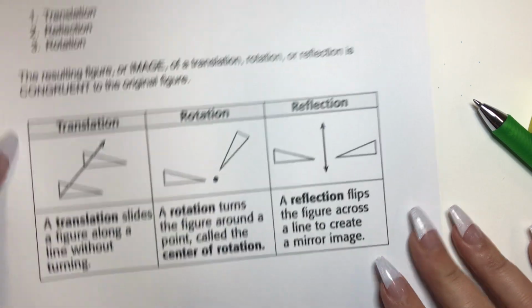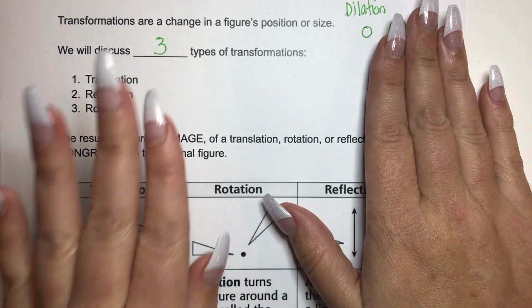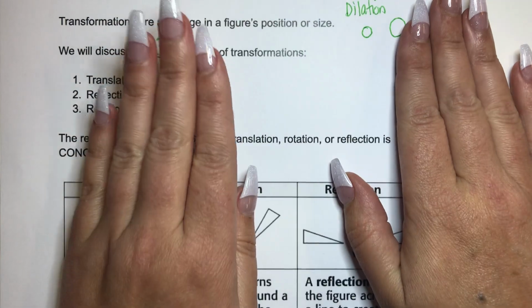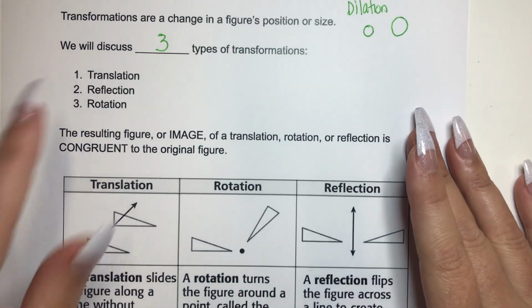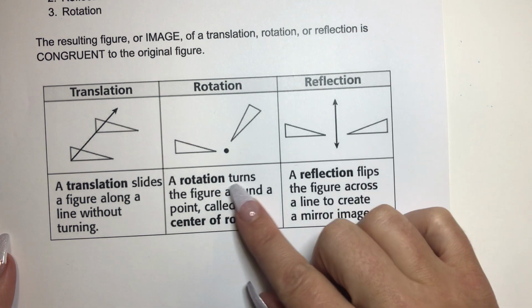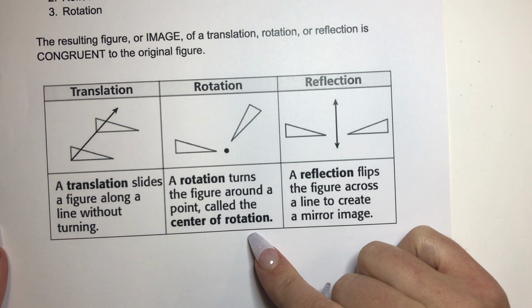Okay, so we have translation, which is a slide. Reflection, which reflects, like this hand reflects over here across that line. And then the other is rotation. A rotation turns the figure around a point called the center of rotation.